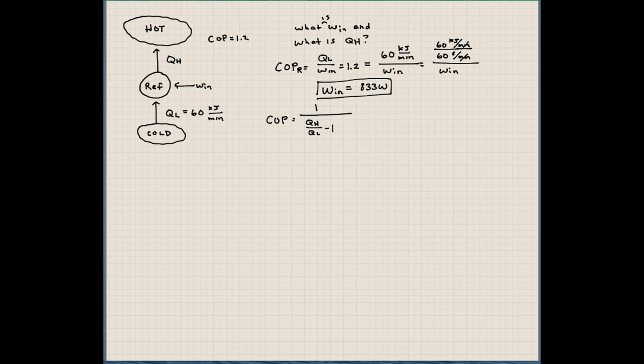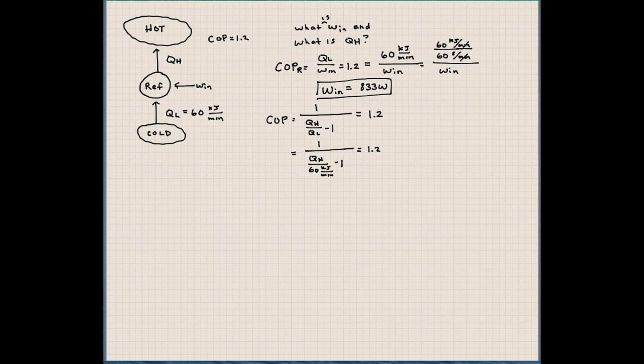And we've already established that the coefficient of performance is 1.2. We also know that QL is given, so we can say this is 1 over QH divided by 60 kilojoules per minute minus 1, and all of this is equal to 1.2.